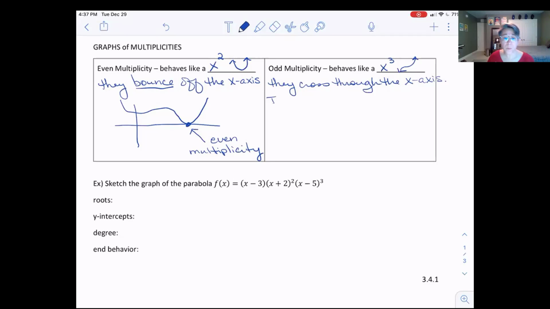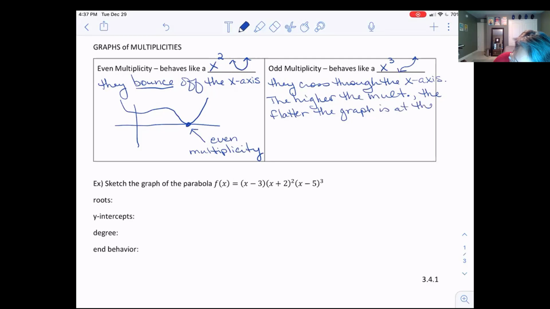Now, with the odd multiplicity, the higher the multiplicity, the flatter the graph is at the zero.